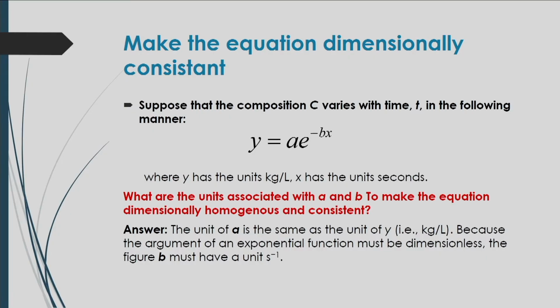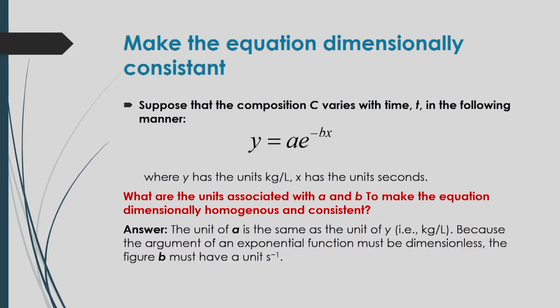So, you have to remember which types of laws are dimensionless and which will have some dimensions. Based on that, you have to make the equations dimensionless on both sides. Now, let us have an example: make the equation dimensionally consistent. Suppose a concentration varies with respect to time in a process.